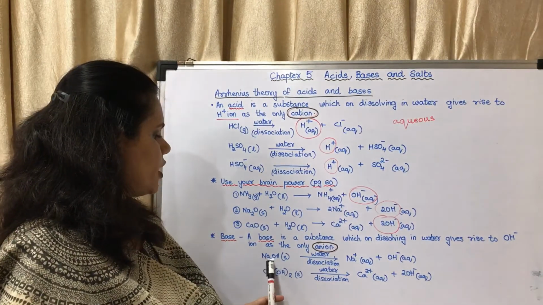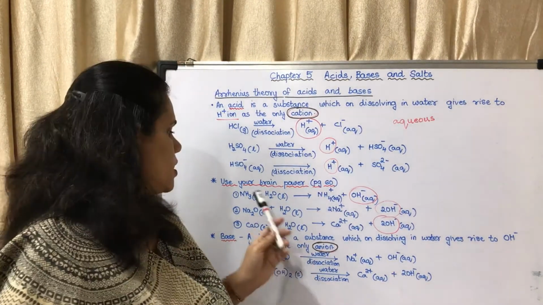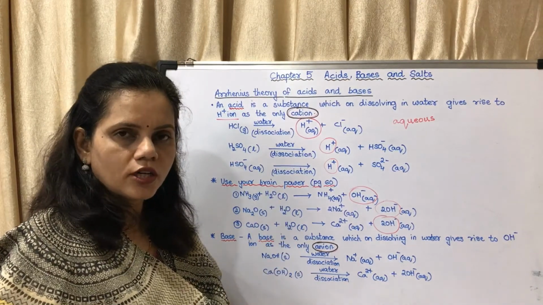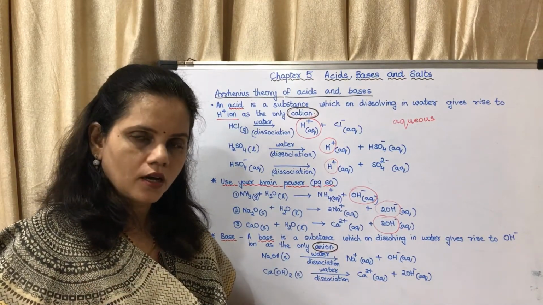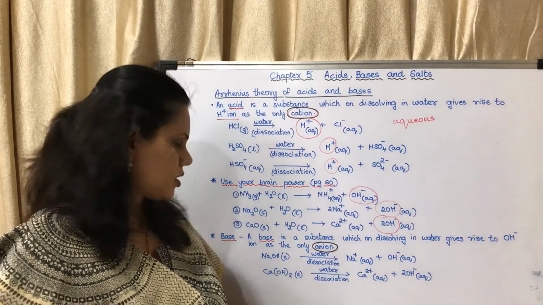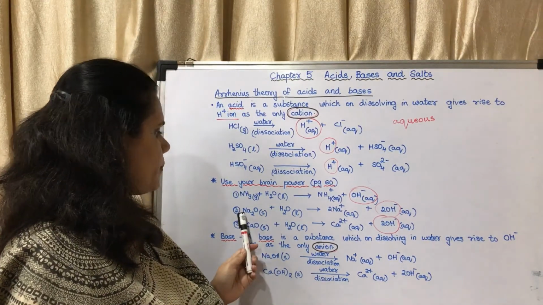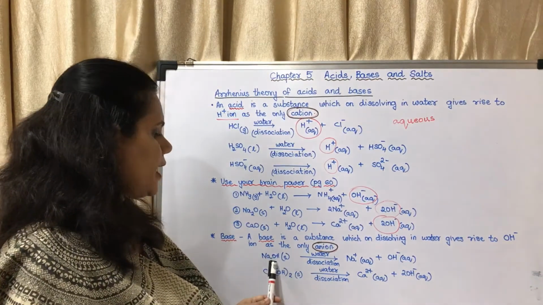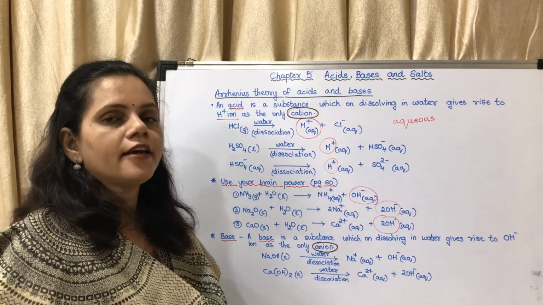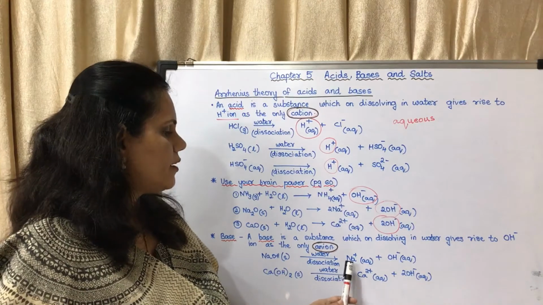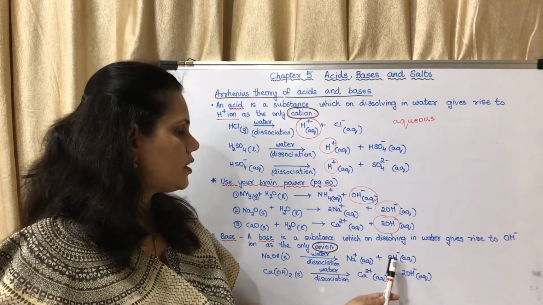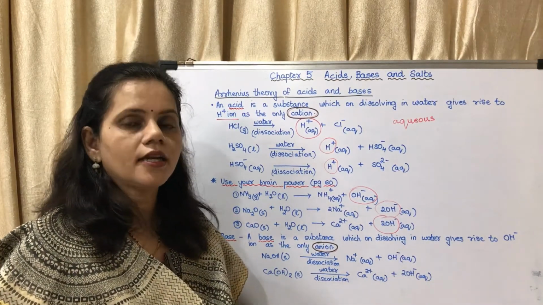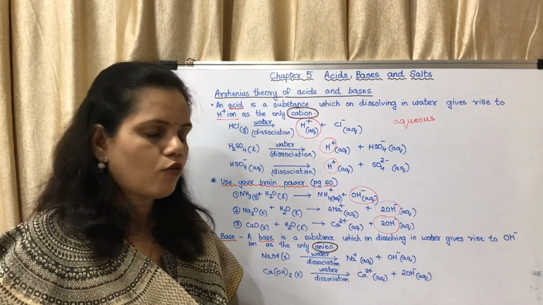Okay, so sodium hydroxide, I told you ammonia, when it reacts with water, forms ammonium hydroxide. Here it is sodium hydroxide. Sodium plus water will give you sodium hydroxide. That sodium hydroxide solid, if you dissolve it in water, will form sodium positive and OH minus ions in aqueous, that means in water.